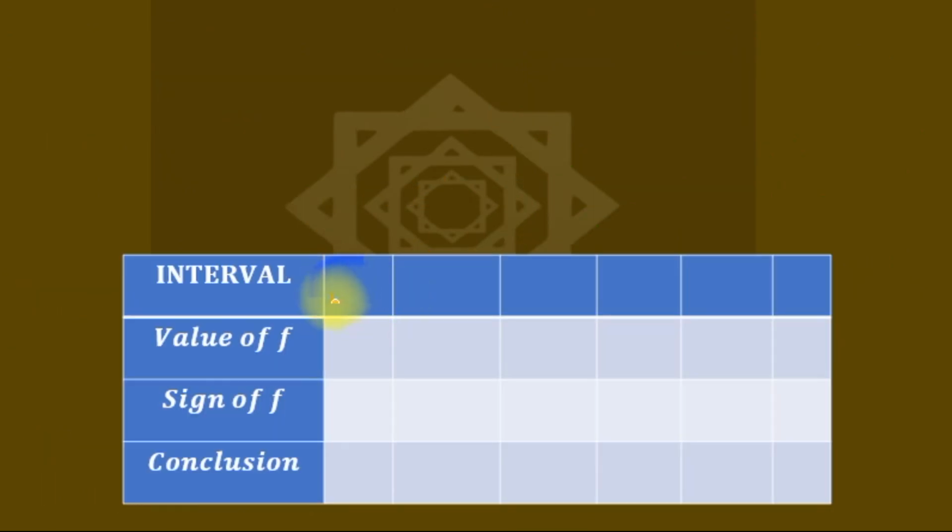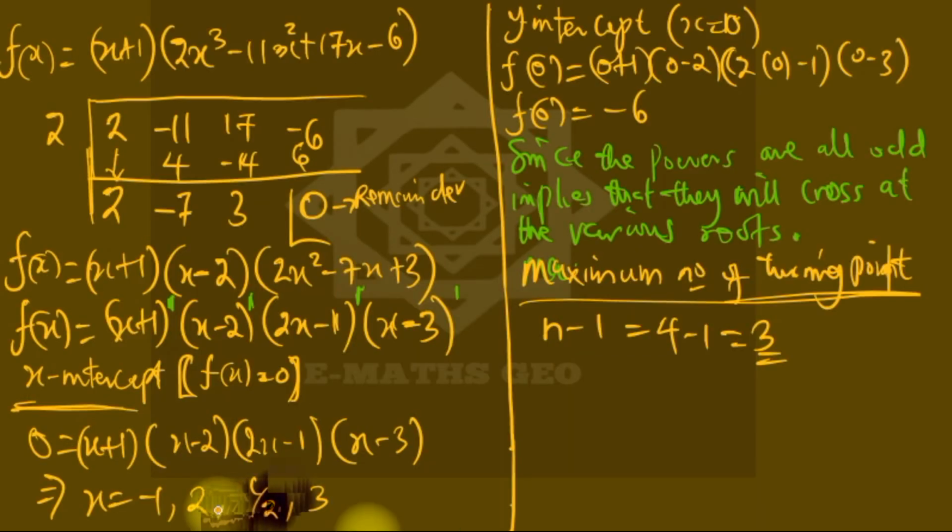We have numbers less than the lowest one, numbers between -1 and 0, numbers between 0 and, what was the next root? Half.